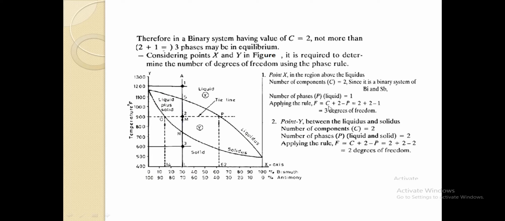Applying the rule F equal to C plus 2 minus P, putting the values C equal to 2 and P equal to 1, you will get degrees of freedom equal to 3. Point Y, between the liquidus and solidus: number of components C equal to 2, number of phases P, that are liquid and solid, 2. Applying the rule F equal to C plus 2 minus P, putting the values of C equal to 2 and P equal to 2, you will get degrees of freedom equal to 2.